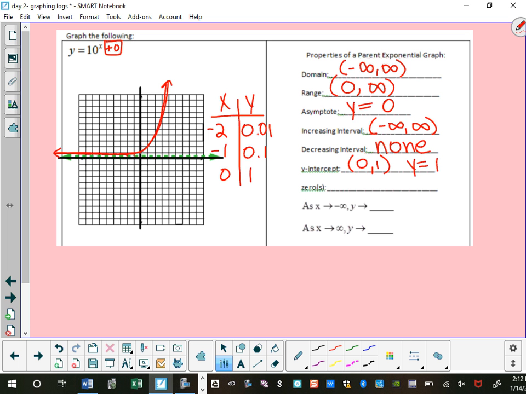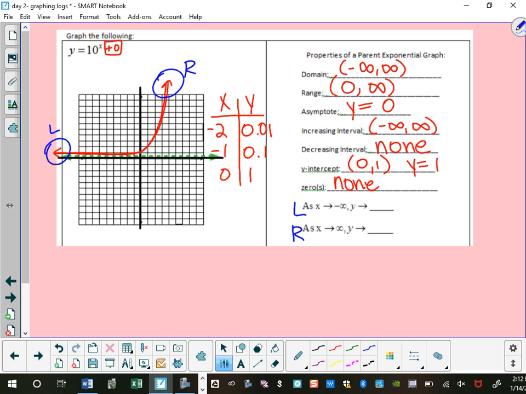Ooh, zeros. Am I touching the x-axis at all? No, because that's my asymptote. So I don't have any zeros. And then my end behaviors. Going towards negative infinity, that's my left. Going towards positive infinity is my right.